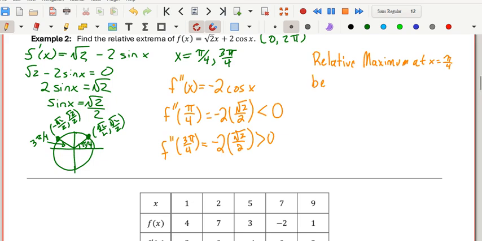And that is because f prime of pi over 4 equals 0 and f double prime of pi over 4 is less than 0. And a similar sentence for 3 pi over 4. I've got my primes right.